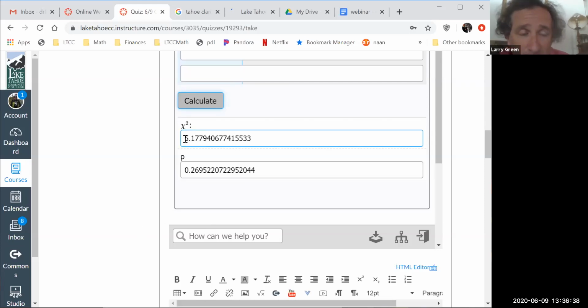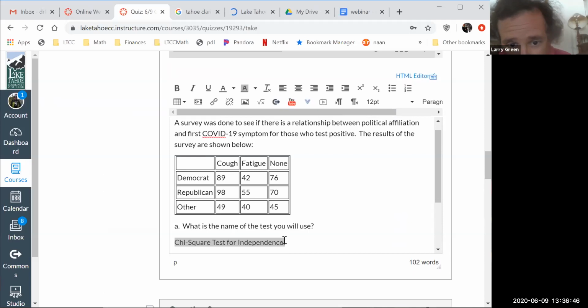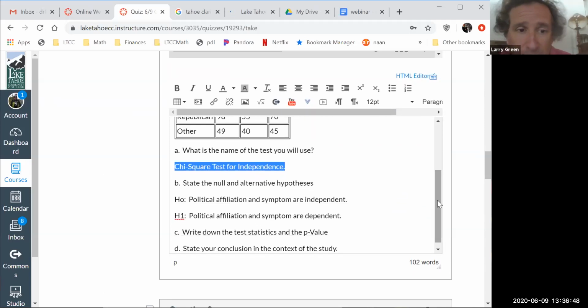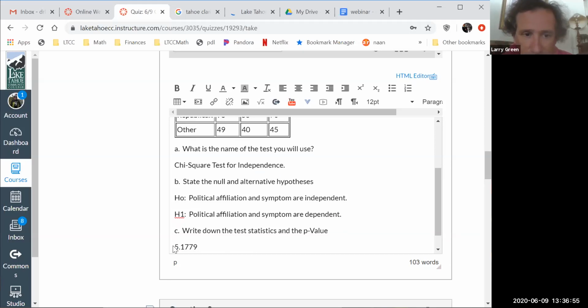And our test statistic is chi-squared. Maybe I'll keep 4 decimals. It's prettier. And that's chi-squared. And then the other one's the p-value.